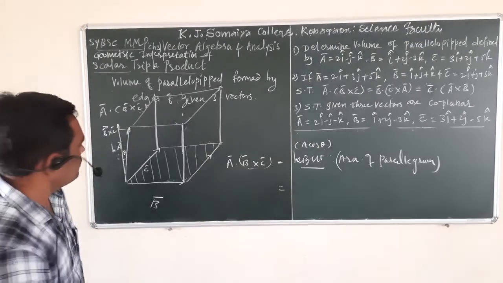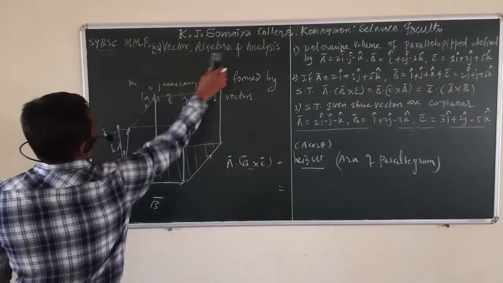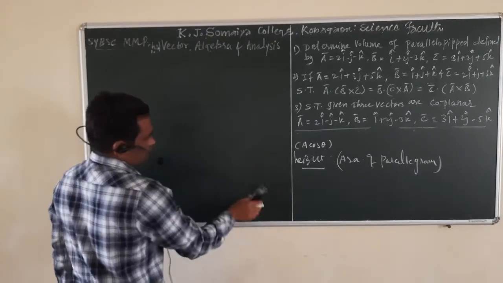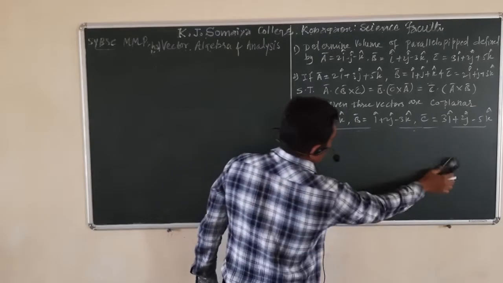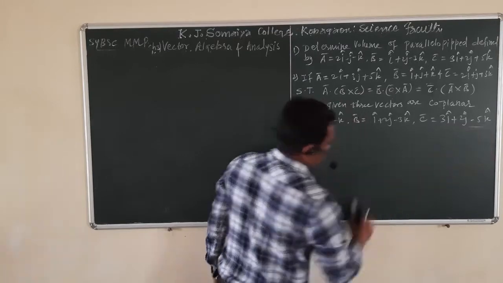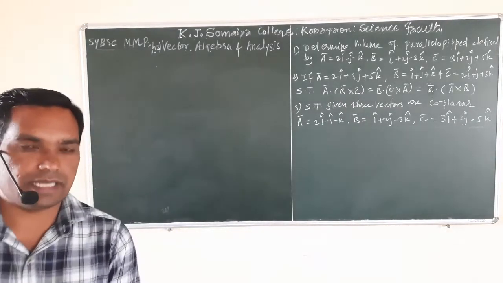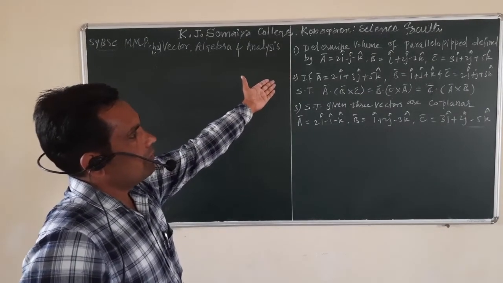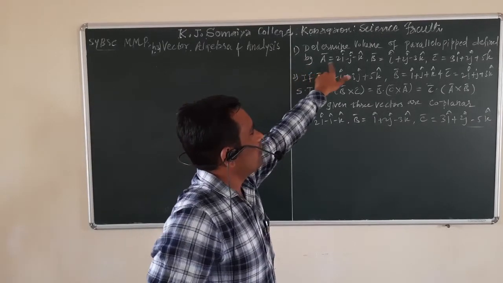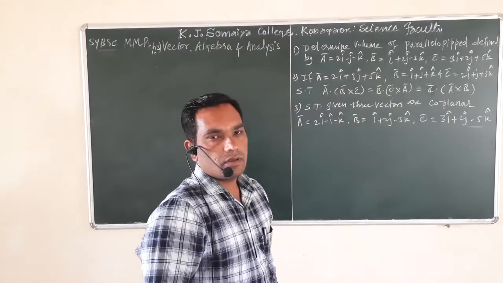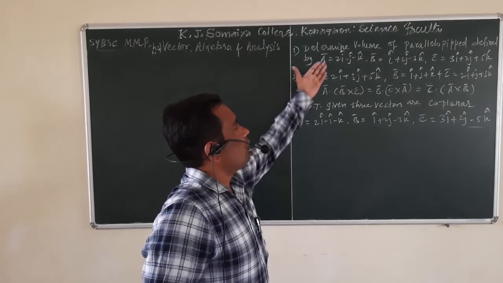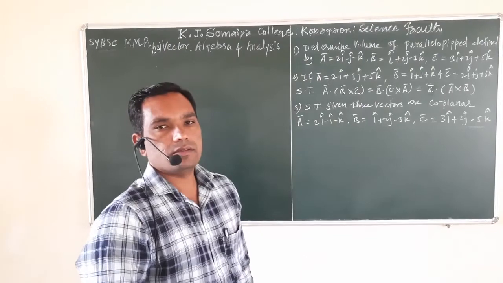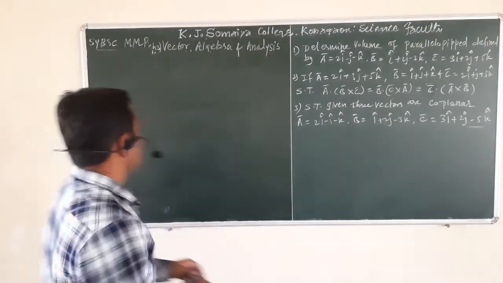The first problem is: determine the volume of the parallelepiped which can be defined by vector A, vector B and vector C. We have seen that the volume of the parallelepiped formed by these three vectors is nothing but the scalar triple product of the given three vectors.